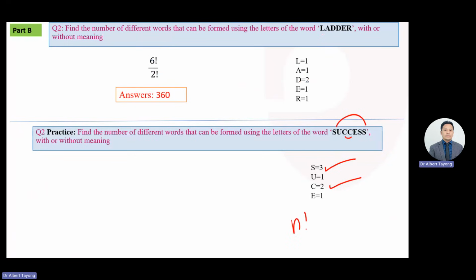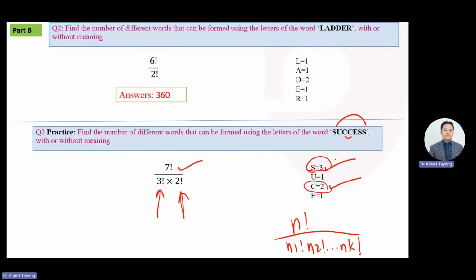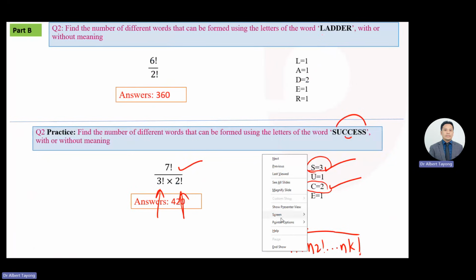So using the formula, that is going to be 7 factorial, that is our n factorial, 3 plus 1 plus 2 plus 1. And 3 factorial here is for S, because S is repeated 3 times, times 2 factorial because of C equal to 2. So it depends on how many elements are repeated. So the answer is 420.